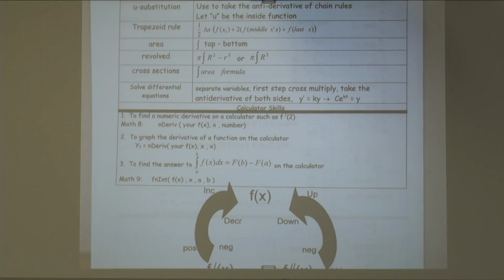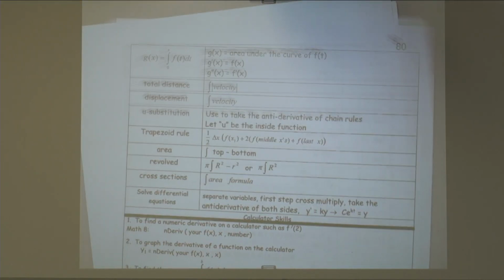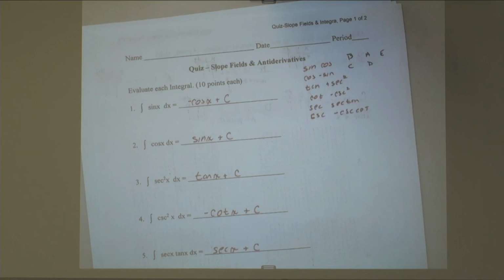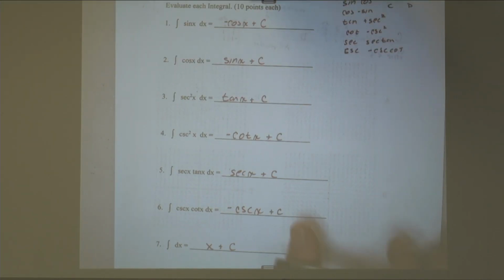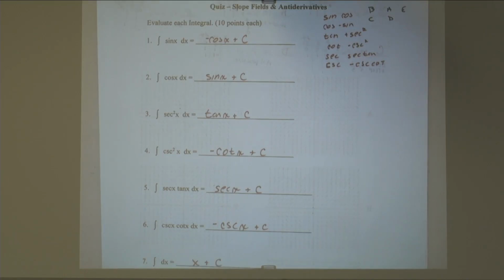All right. So what we're going to do today is start with the quiz that I gave you the other day. And these are the answers. So let's see how we did. Pretty straightforward off the first: antiderivative of sine, antiderivative of cosine.